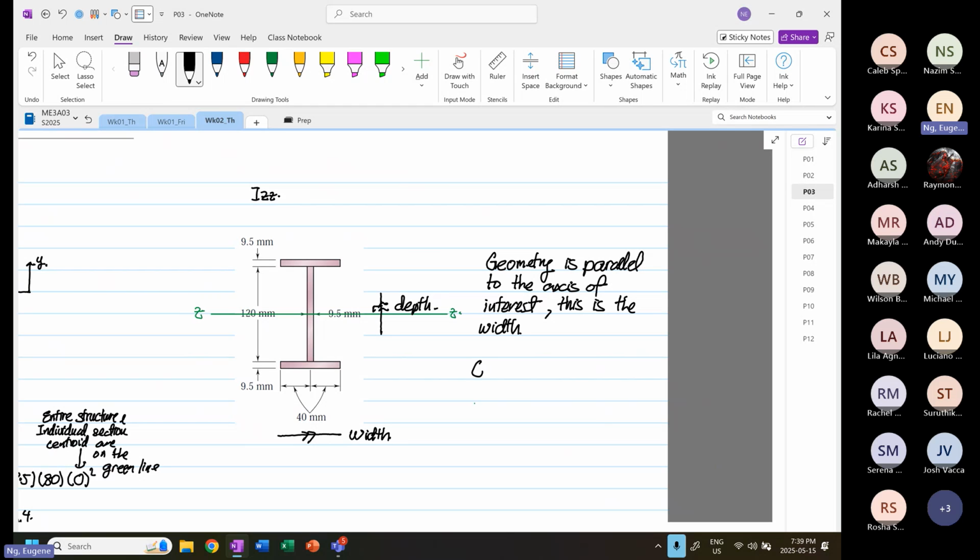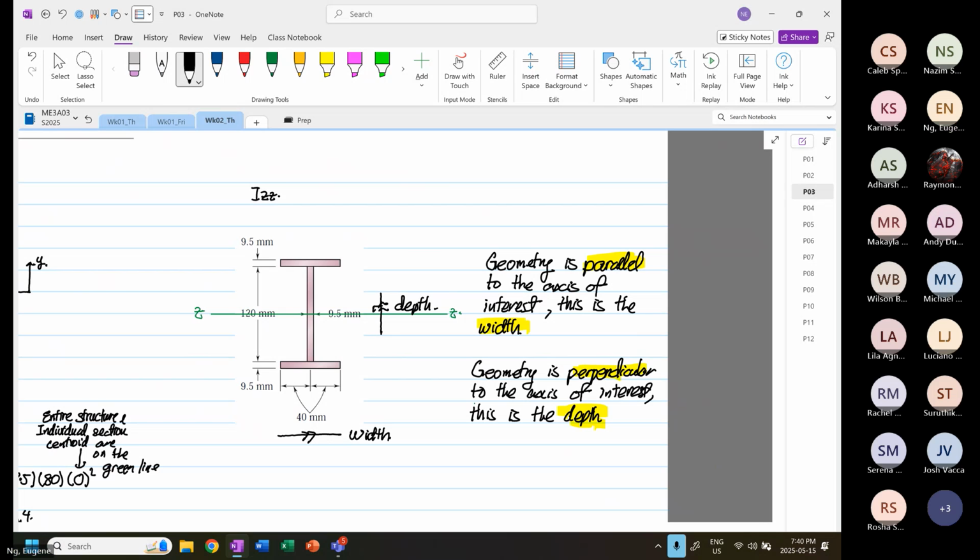And if the geometry is perpendicular to the axis of interest, this is the depth. So parallel, width, perpendicular, depth.